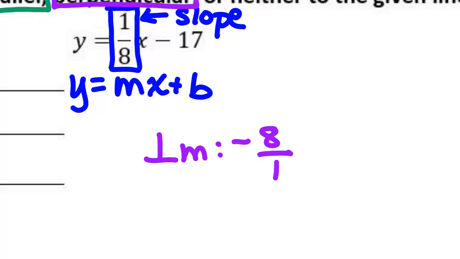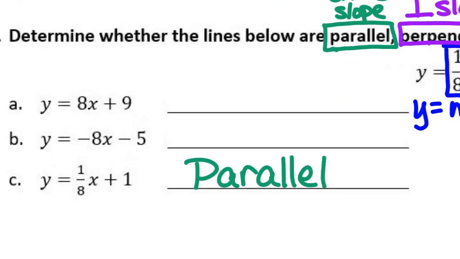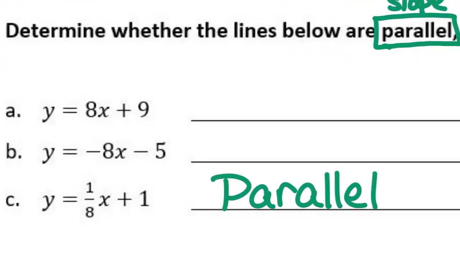8/1. Can I reduce that at all? Does that simplify more? Just to -8, because -8 divided by 1 on my calculator is just -8. Which one of those equations has a slope of -8? B. So this is my perpendicular one.